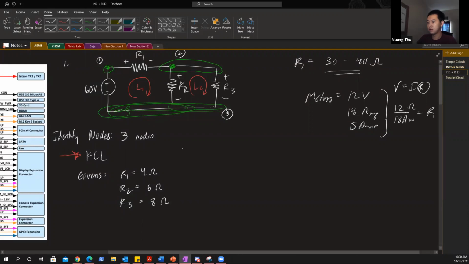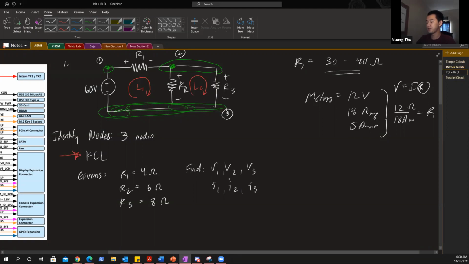So what we're trying to find right now is the voltages and currents: voltage 1, voltage 2, voltage 3. And we're also going to find current 1, current 2, and current 3.